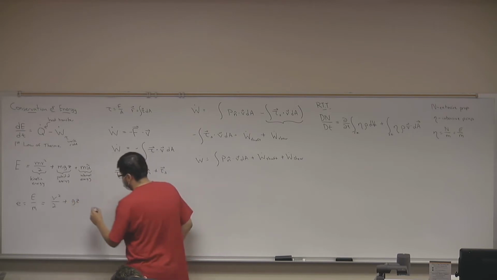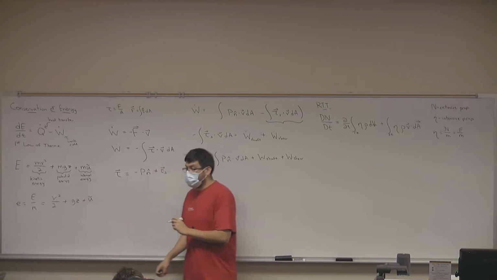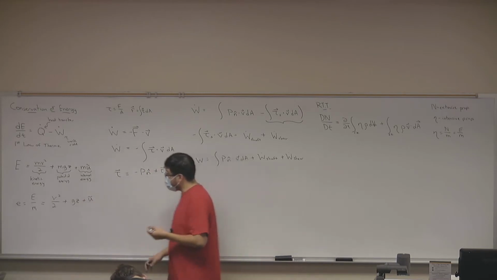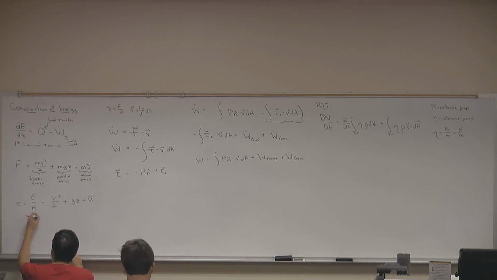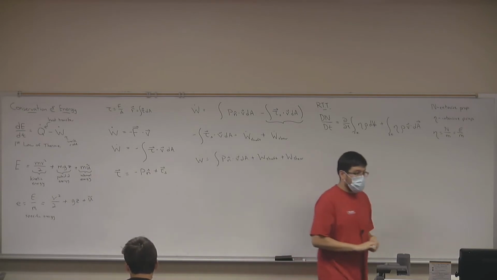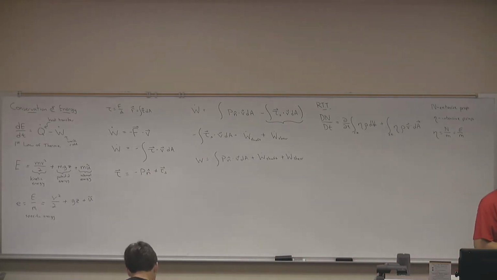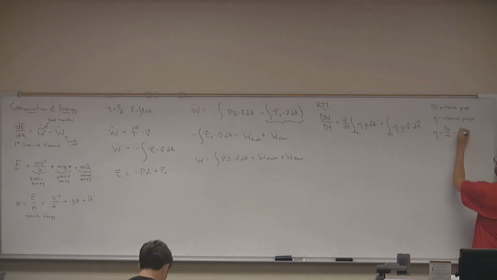If we divide internal energy by mass, we get specific internal energy. So this is what we call the specific energy. You may have seen it in physics. You're definitely going to see it in thermodynamics. Okay, so specific energy is energy divided by its mass. And in this case, this eta is my specific energy.